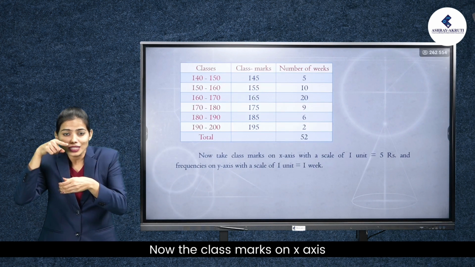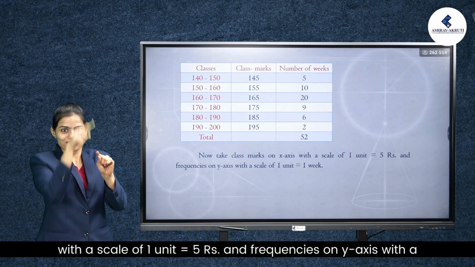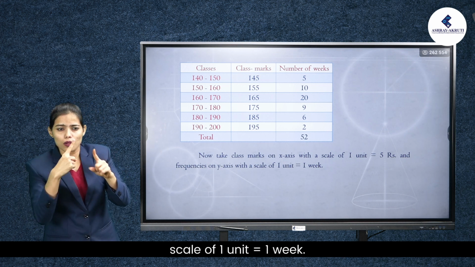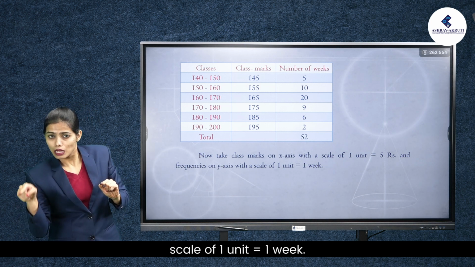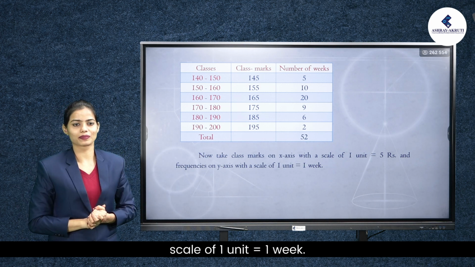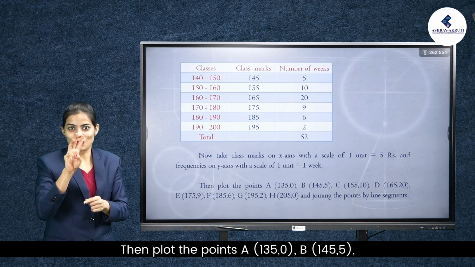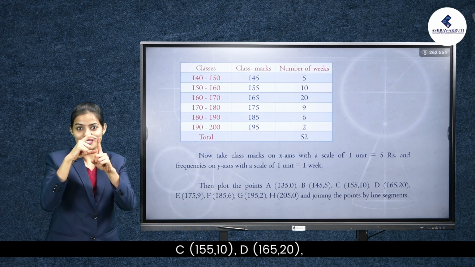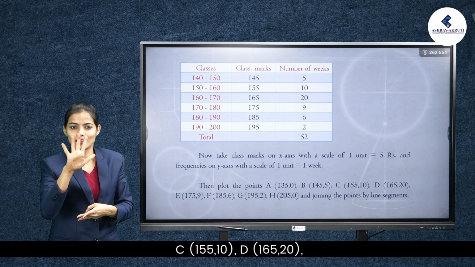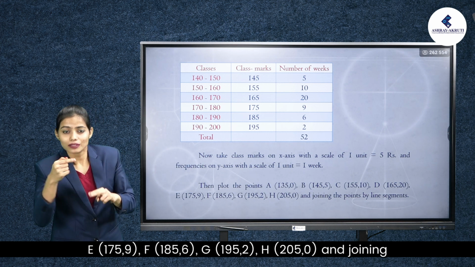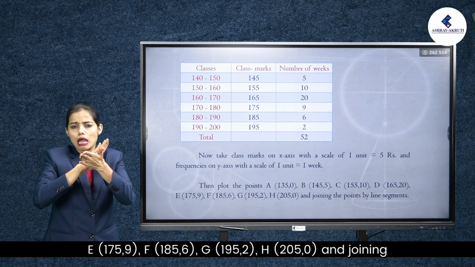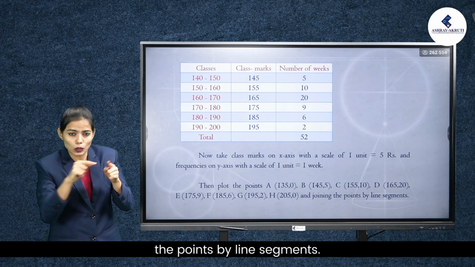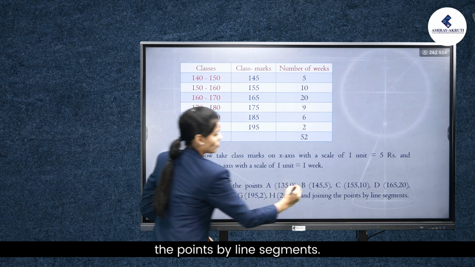Now, take class marks on x-axis with a scale of 1 unit is equal to 5 rupees and frequencies on y-axis with a scale of 1 unit is equal to 1 week. Then plot the points A (135, 0), B (145, 5), C (155, 10), D (165, 20), E (175, 9), F (185, 6), G (195, 2), H (205, 0) and join the points by line segments.